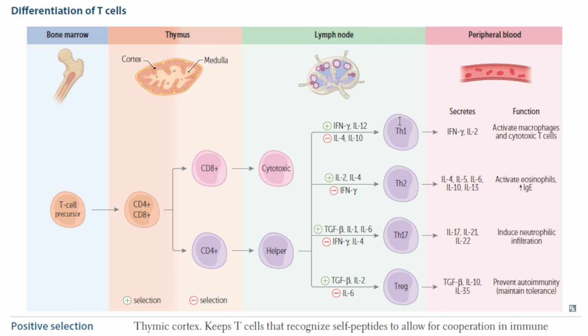Remember the cytotoxic CD8 in the group of Th1, by effect of interferon gamma and interleukin 2, they activate the macrophage and cytotoxic T cell. They secrete interferon gamma and interleukin 12 and activate the macrophage.